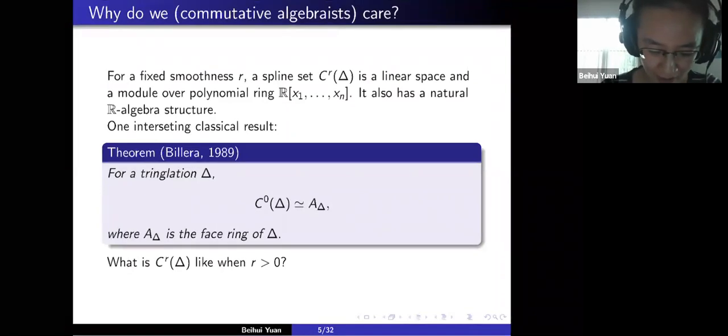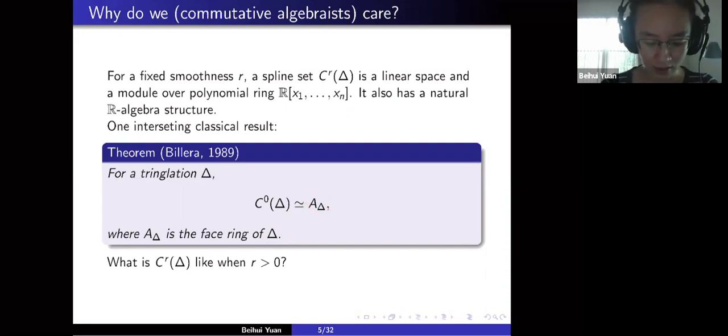One interesting classical result on the R-algebra structure side is by Billera: for a triangulation delta, the continuous piecewise polynomials over this triangulation are isomorphic to the Stanley-Reisner ring of delta. And this is very good because we have a lot of tools in commutative algebra to study this, right?